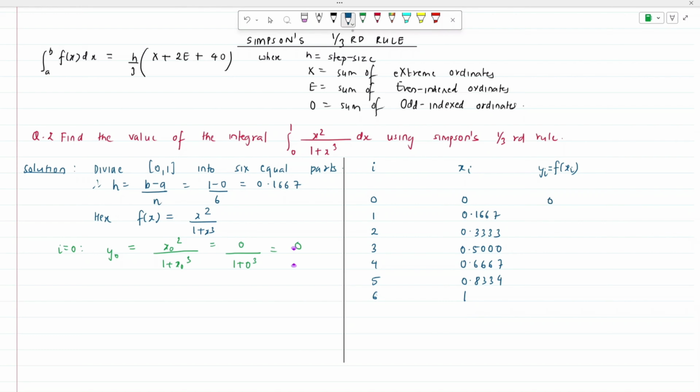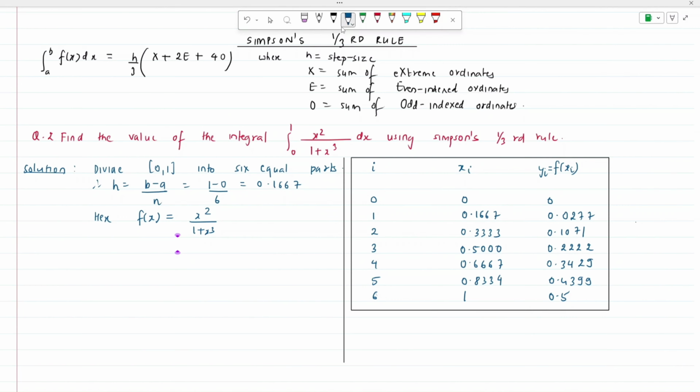So again, you can enter this expression in your calculator, x square divided by 1 plus x cube, and then use the calculate button and set in these values of xi's and eventually get the corresponding yi values. So let's do that on the calculator, and I'll be completing this table.